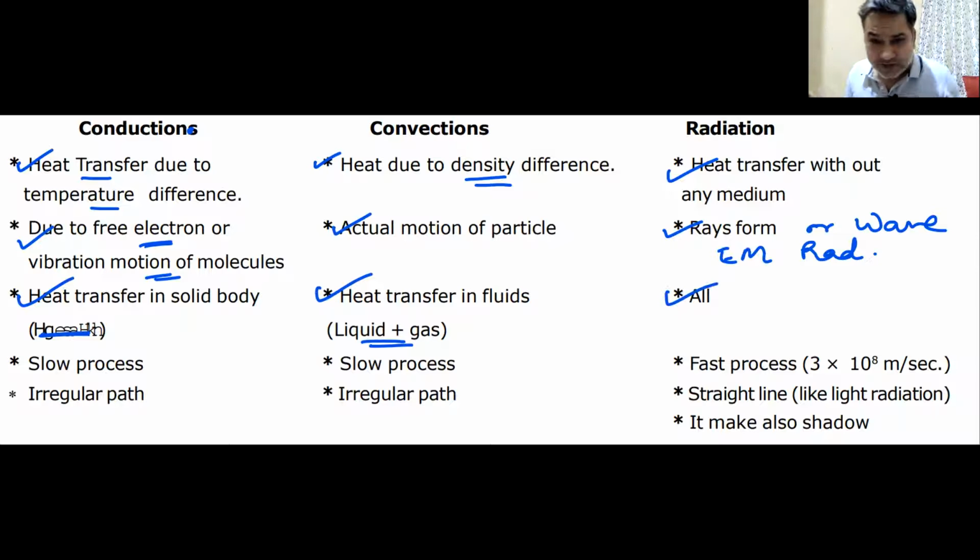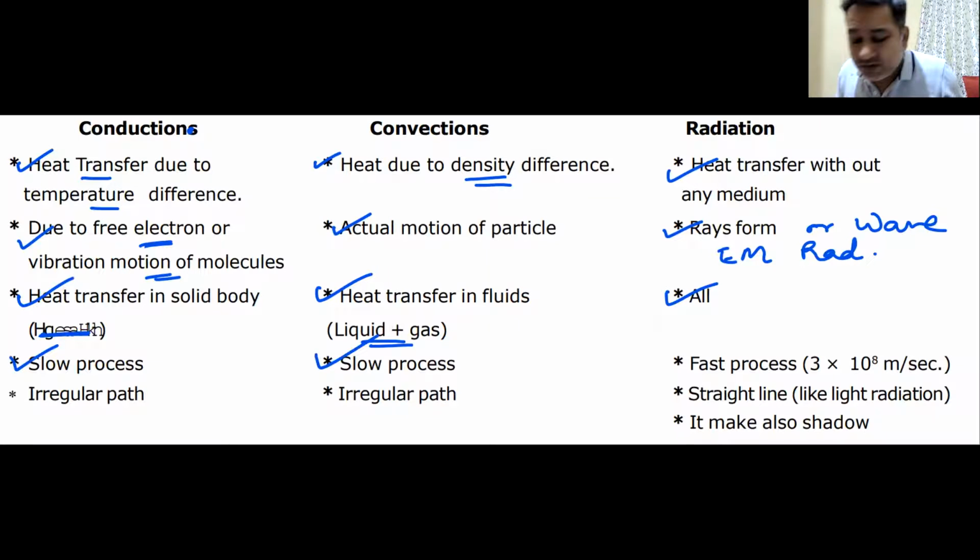Radiation involves all. Every body radiates. And we will prove that every body radiates. Even you sitting right now are radiating. Conduction is a slow process. If this end is at higher temperature, it will take time for you to feel the heat on the other end. Convection is also slow.